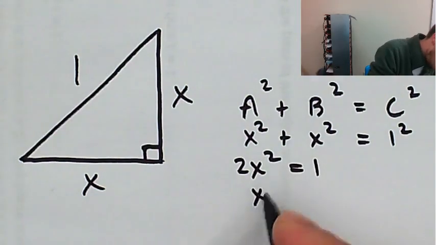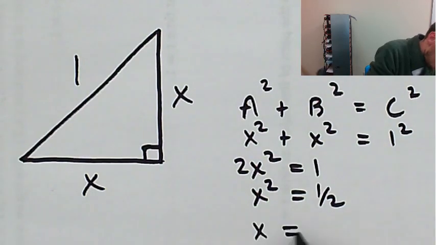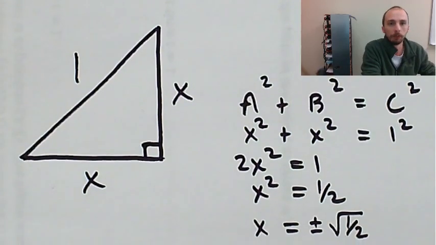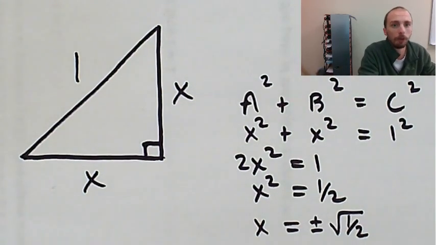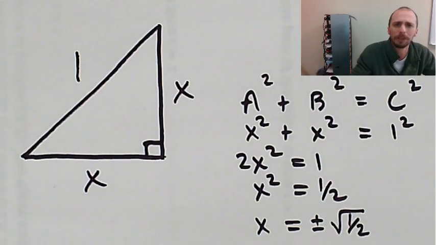If I tried to solve for x, I'd end up taking, all right, x is plus or minus the square root of 1/2. Now, we're looking at the lengths of a triangle, and this is Algebra 2, right? Maybe I've told you that in pre-cal we'll look at triangles where some of the legs are negative. This isn't pre-cal, right? We're only going to be interested in where this triangle has positive leg lengths. So let's just think about the positive square root of 1/2.